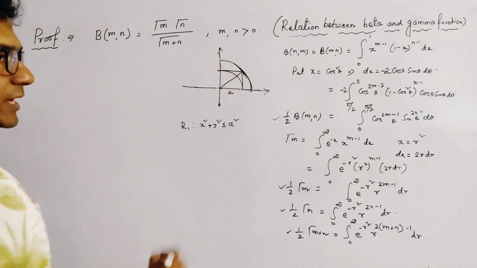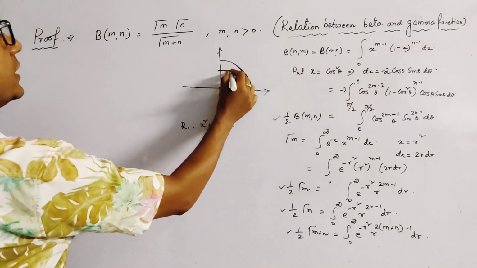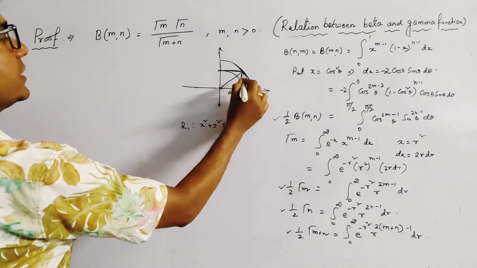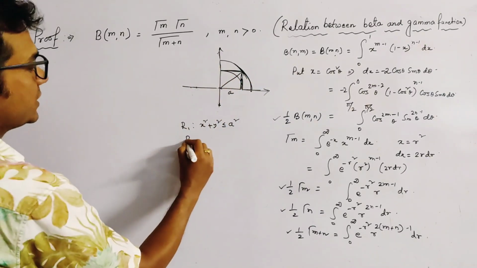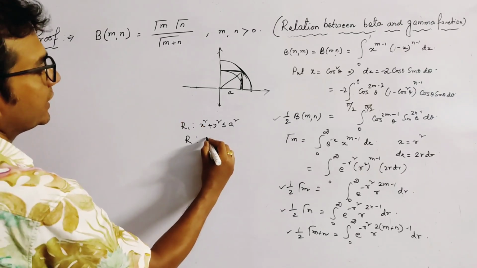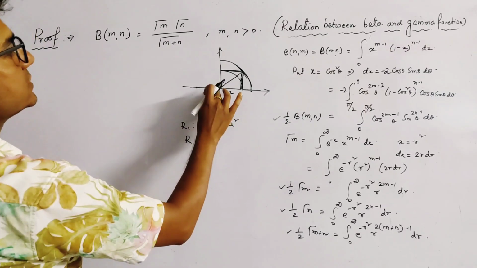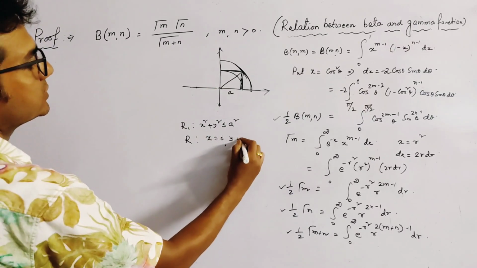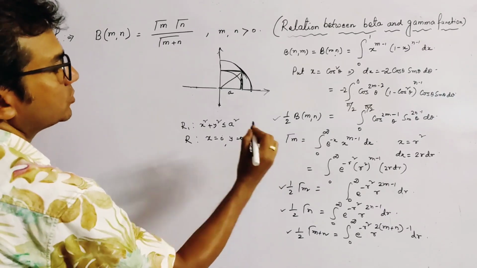Secondly, this is a square of side a, given by x equal to 0, y equal to 0, x equal to a, and y equal to a.